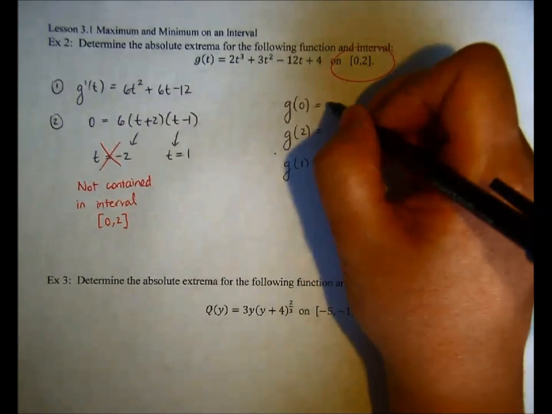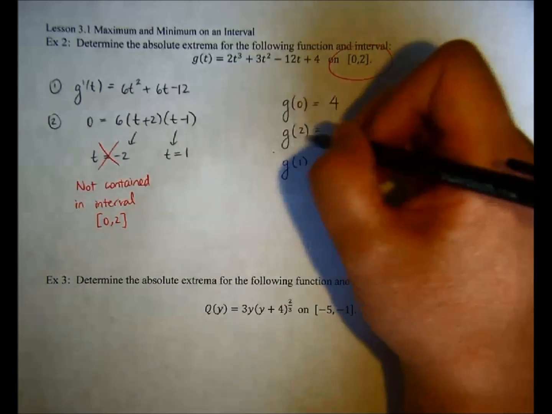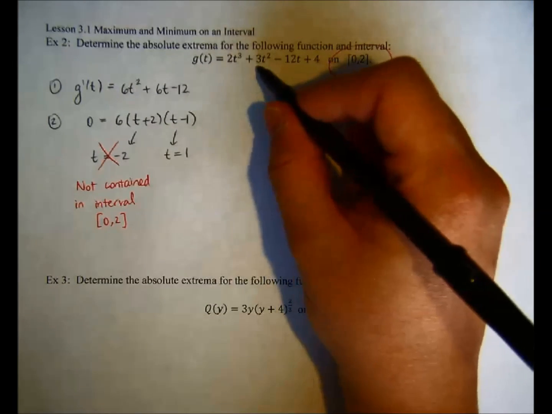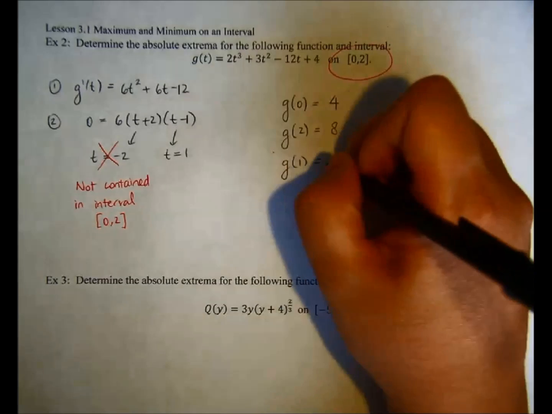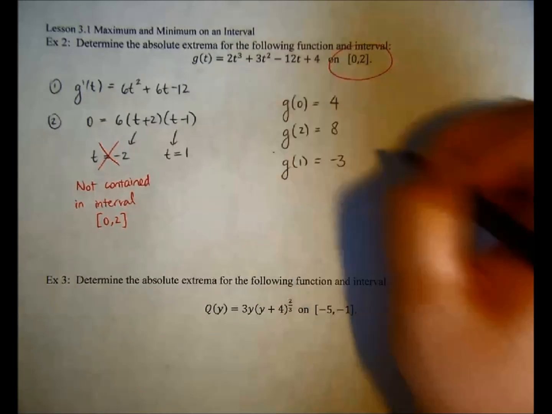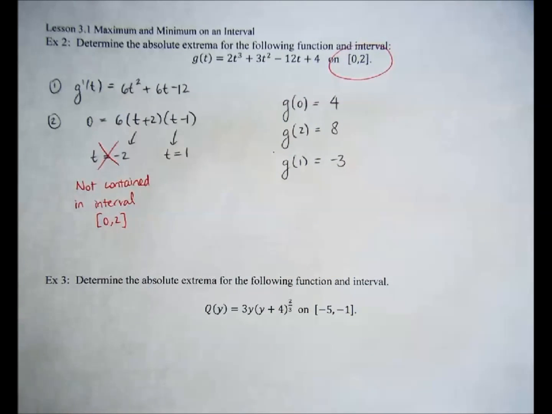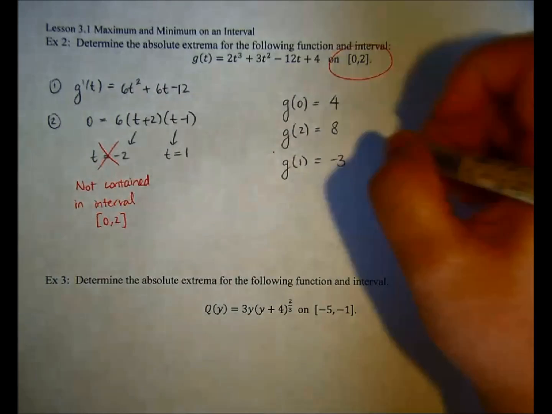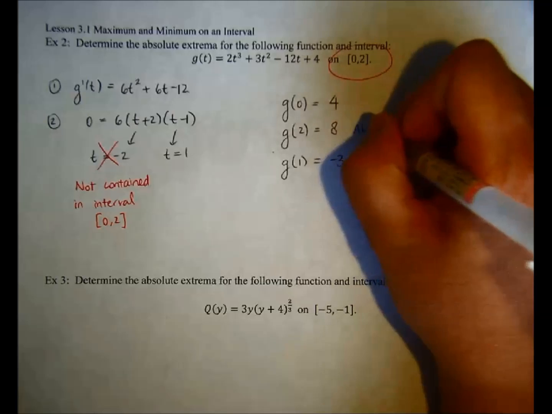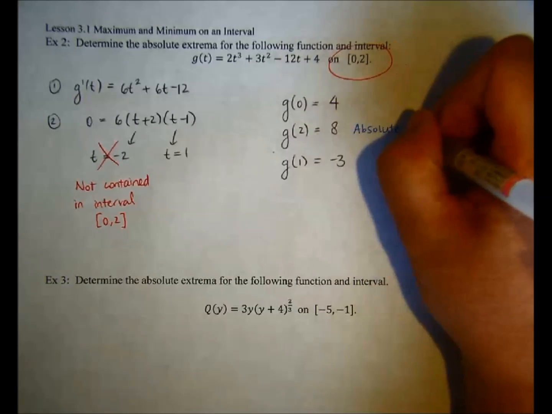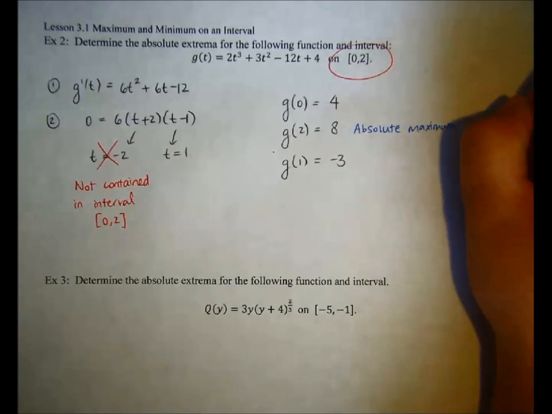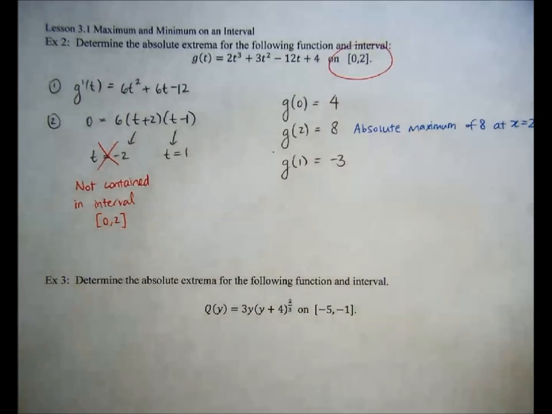So g of 0 would be 4, g of 2 would give us 8, and then g of 1, 2 plus 3 minus 12 plus 4 would give us -3. So when we take a look at these values, we can see that we will have an absolute maximum of 8 at x equals 2.